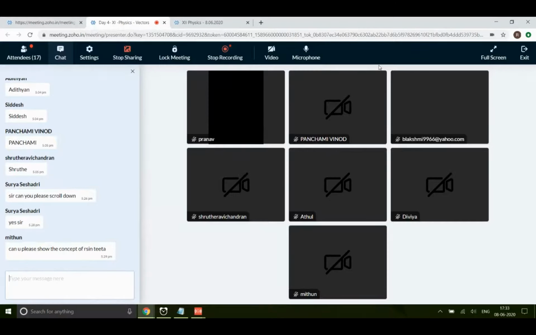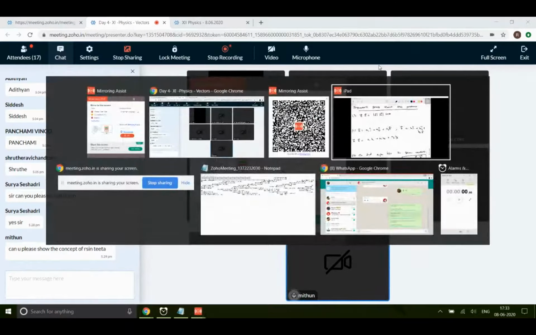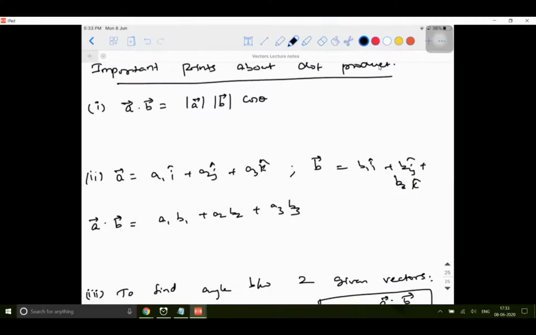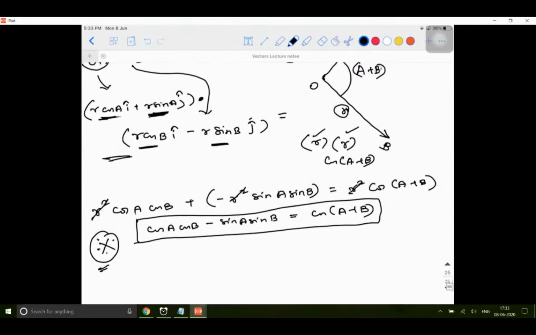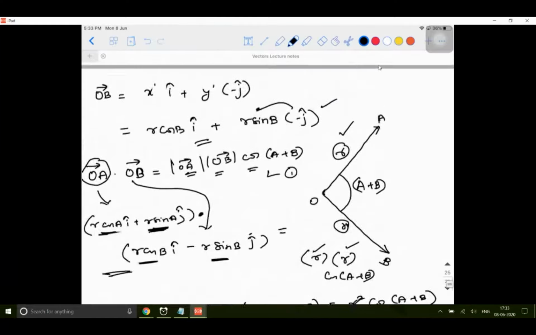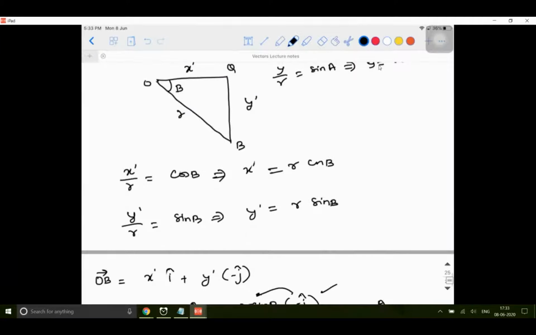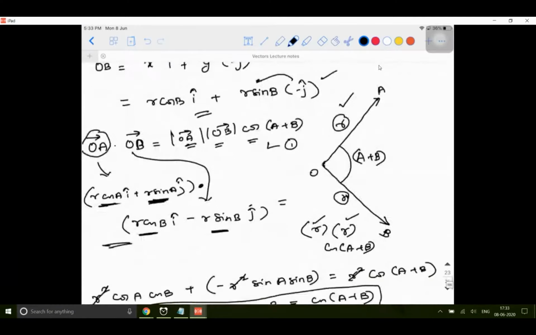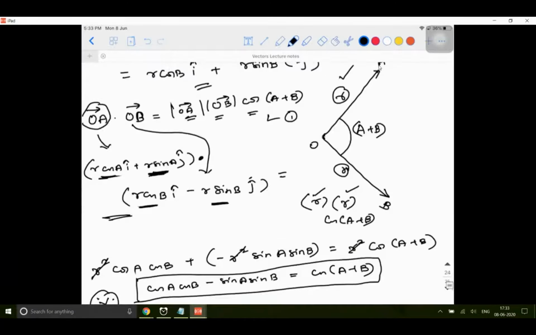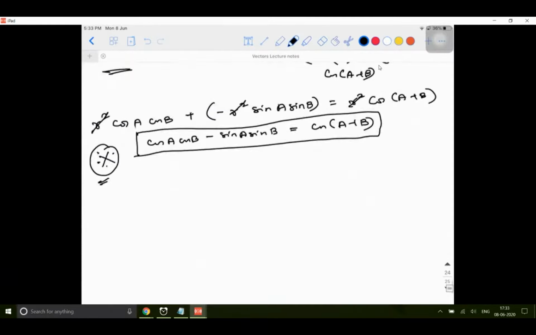Where, Mithun, which part you want me to show? You can show it in the last, sir. This one. Yes, sir. I'll copy the last. You copied, no? Or are you done? No, I didn't get what you told. I hope you have copied it, right?